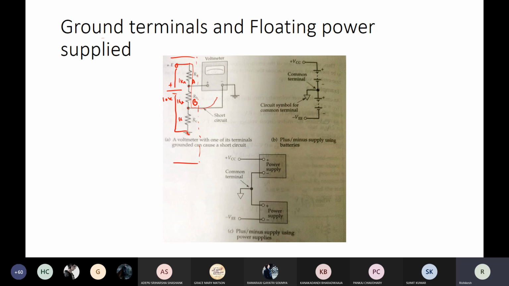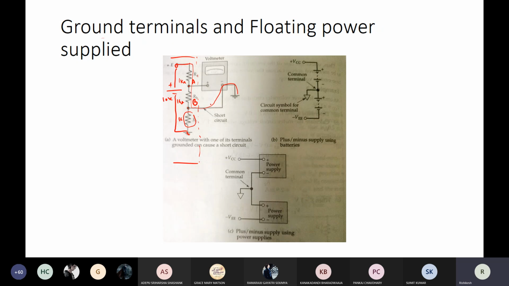The current flow will happen like this, so we are completely bypassing this resistance, which is not expected. What is expected is it should measure the voltage across RB in the presence of RS. So with this arrangement we are measuring incorrect readings, not because the voltmeter is faulty, but because of the way we are connecting the voltmeter.